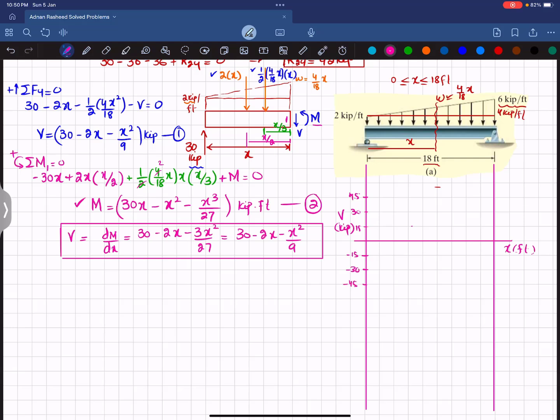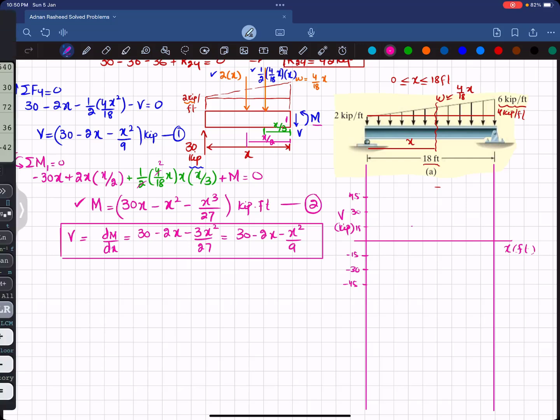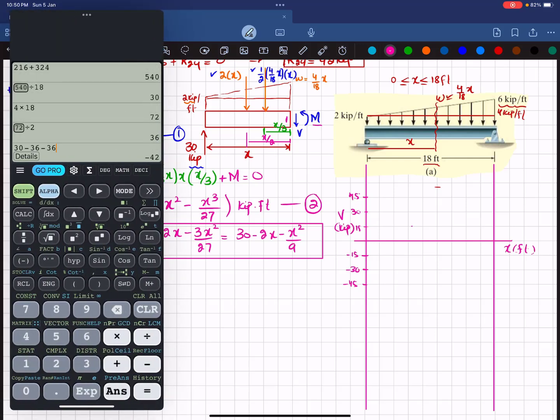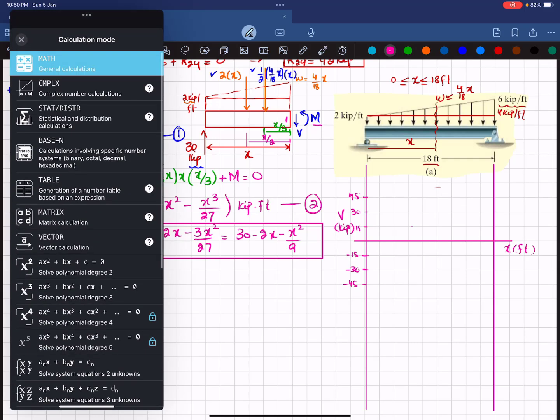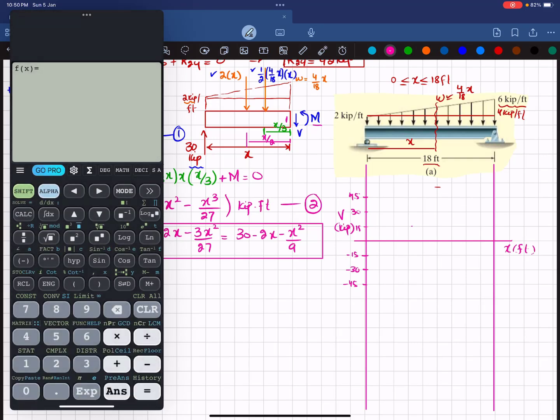Okay, starting with equation number 1, I will take help from the calculator. If you want to solve it, you have to go to the table and write the equation. The equation was 30 minus 2x minus x square divided by 9.